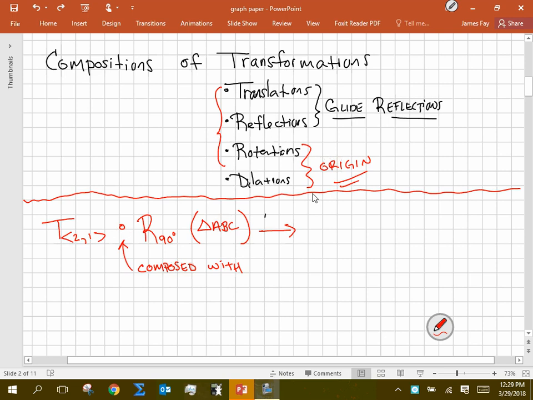When we do compositions, we can rewrite it using parenthesis notation. So I replace this open dot with a parenthesis, and then I rewrite all this: R90 of triangle ABC. Once I write all that down, I close the parenthesis. I think you're going to like this notation more.